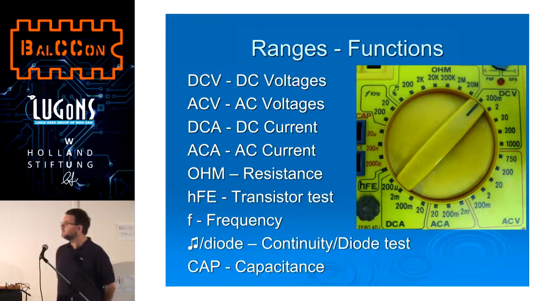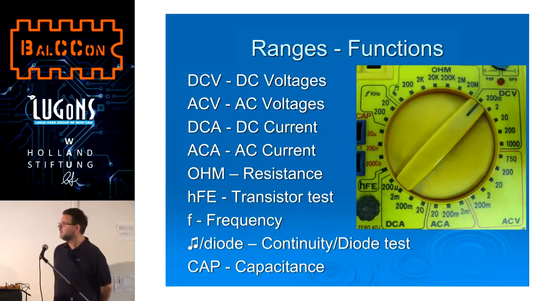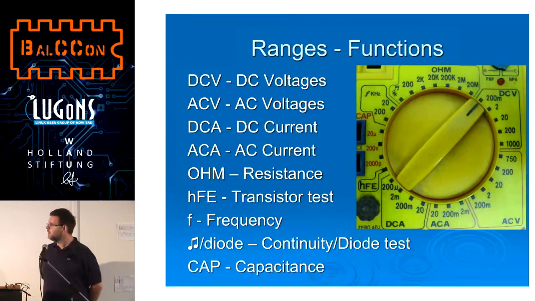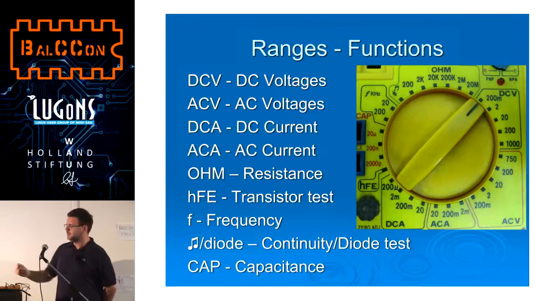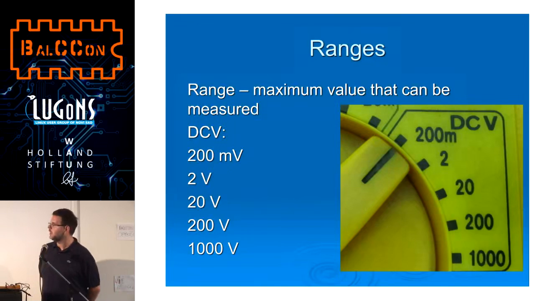You have functions to measure DC voltages, AC voltages, that's direct current and alternating current, also DC and AC currents, resistance, transistor gain, frequency, continuity and diode test, and capacitance. A bunch of different stuff, and everything is controlled from here. By turning this knob, you decide what to measure and on what range.